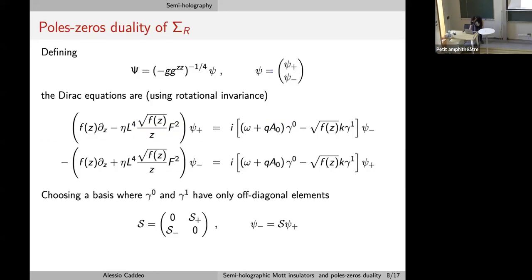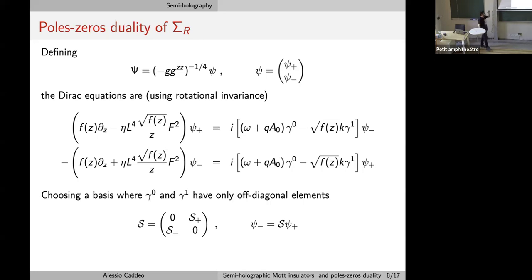I think it's not that important to see the derivation in detail. The derivation for the dipole coupling was done several years ago by other collaborators. Here we generalized it for the non-minimal coupling.